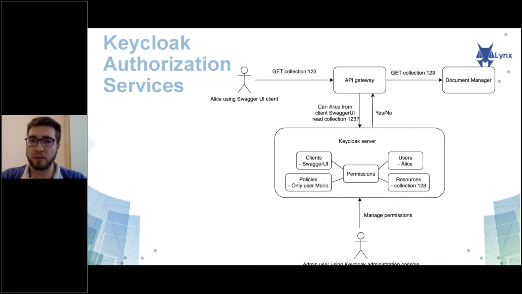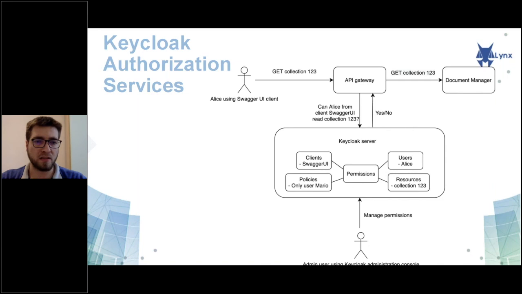One important thing to mention is that with this kind of architecture for access control, it is needed to synchronize resources, or better, to align resources stored in Keycloak with the actual resources provided by microservices. Lynx implements this alignment using the API gateway.